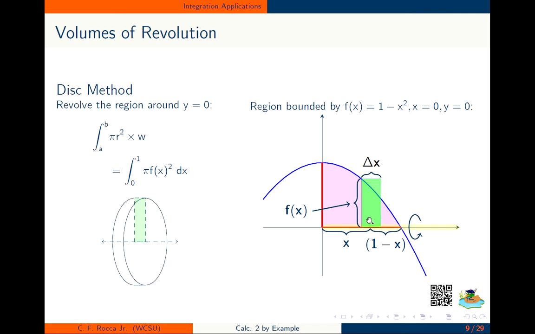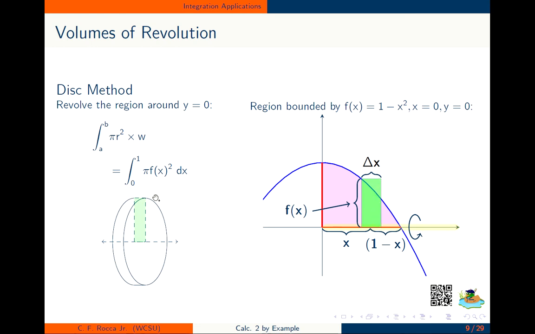And when I look at the rectangle, I see that this flat edge of the rectangle is always touching the axis. So no matter where I drew that rectangle, from 0 to 1, the rectangle is always touching the x-axis.